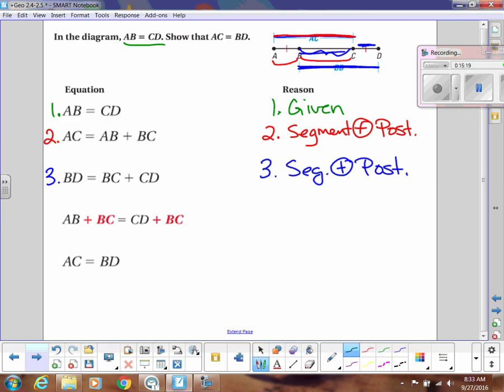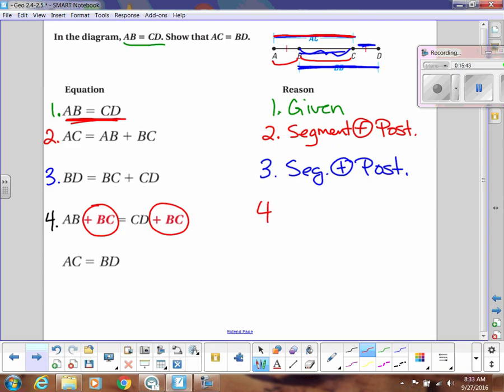All right, so here's what they're doing now. They're saying AB plus BC equals CD plus BC. And notice that they put in red that they were adding the same thing. So really what they're doing is taking this original given statement and adding the same thing to both sides. So what do we call that?